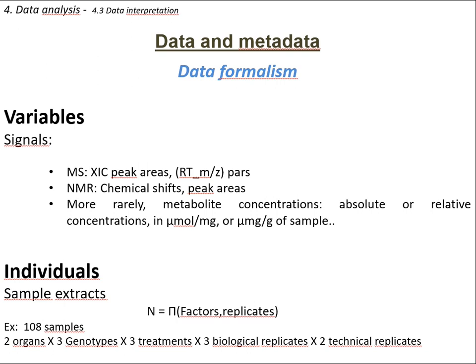More rarely, and rather in targeted analysis, the metabolite concentration, absolute or relative, in micromole per milligram of sample or in microgram per gram of sample. The individuals are sample extracts, so you have, for instance, 108 samples because you have 2 organs, 3 genotypes, 3 treatments, 3 biological replicates, and 2 technical replicates. So you can decompose the samples according to the classes of treatment.